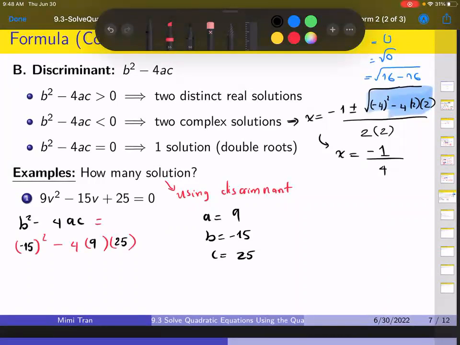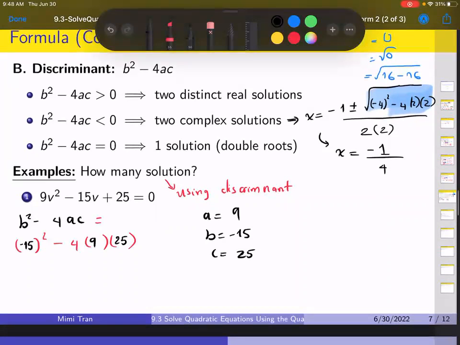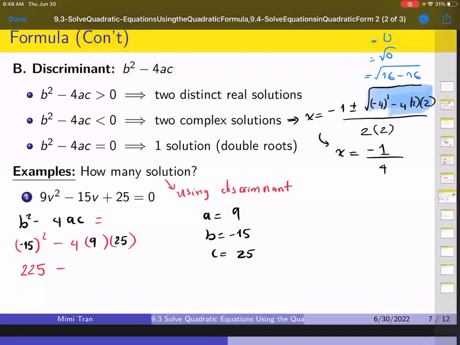Use your calculator. Negative 15 squared is going to be 225, minus 4 times 9 times 25.